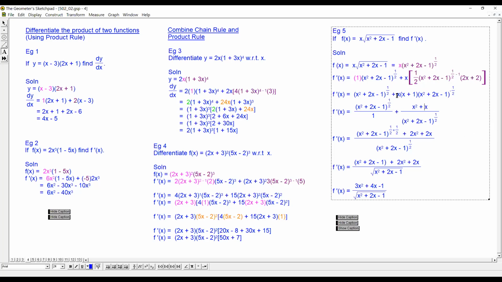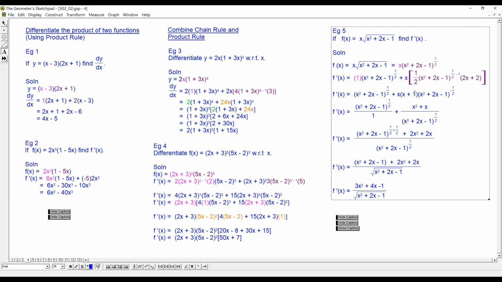Then this one, I just put a 1 at the bottom. Why do I want to put a 1 there? Because I want to do the algebraic fraction. This one over this one, this one over this one, then you cross multiply, AD, BC like that. So when I express this square root, or to the power half, as something over 1, it is the same, right?